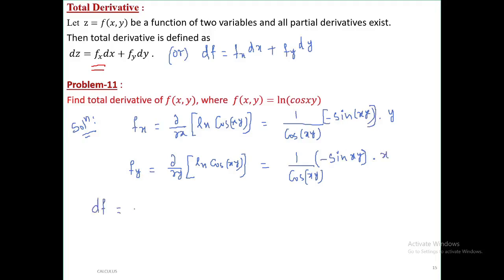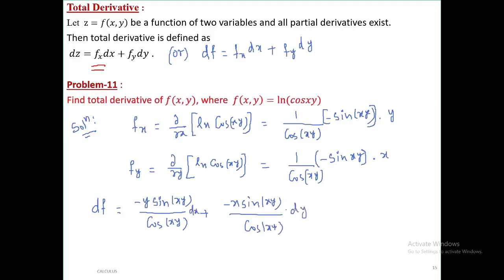What is fx now? Minus y into sin xy divided by cos xy. Next plus fy, so minus x into sin xy divided by cos xy, and here dx, here dy.